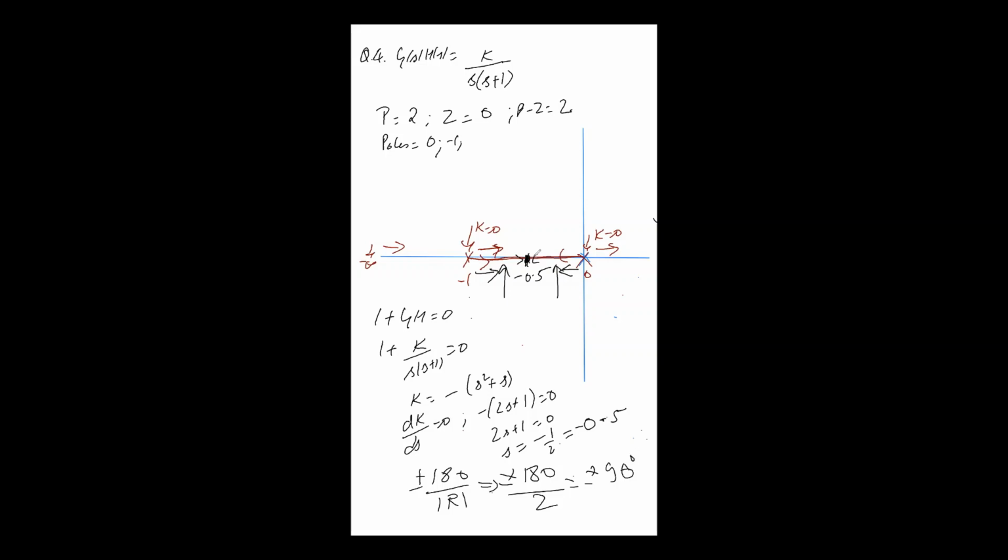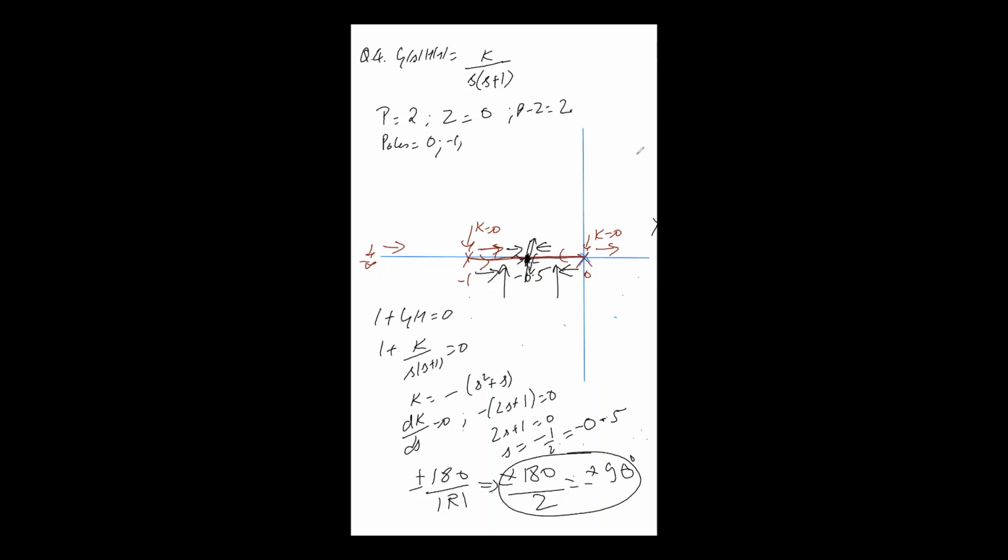So after colliding, one branch will move like this, another branch will move like this, and we do not know how it will terminate. Calculate how these branches will terminate at infinite.